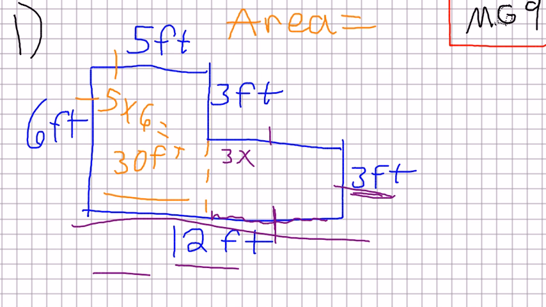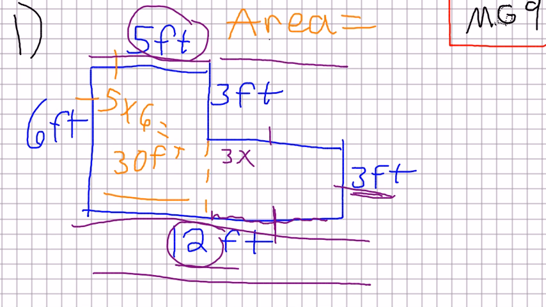If this is all 12 right here, and this is 5, if we take 12 and we subtract the 5, that leaves this right here, which is 7. 3 times 7. And 3 times 7 is 21 feet.